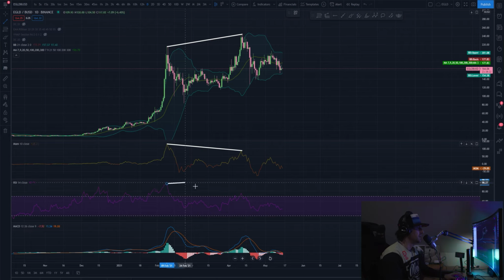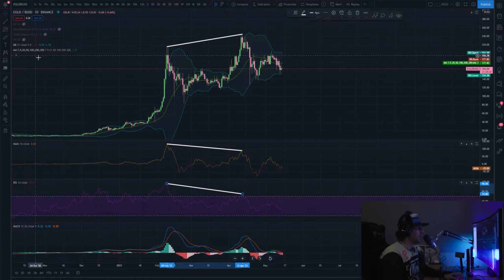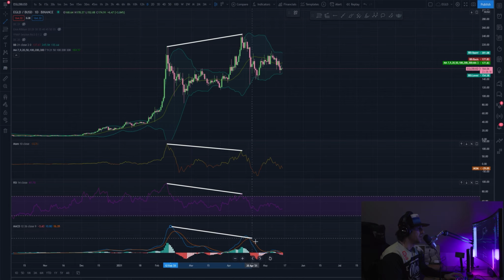On the RSI we created a new low, and on the MACD we created a new low, which is a triple bearish divergence. And those kinds of bearish divergence are strong bearish divergence.